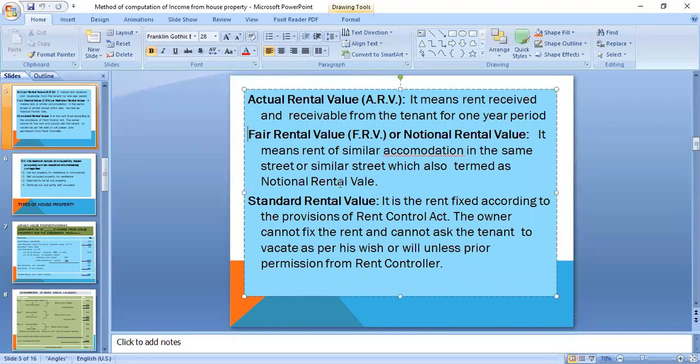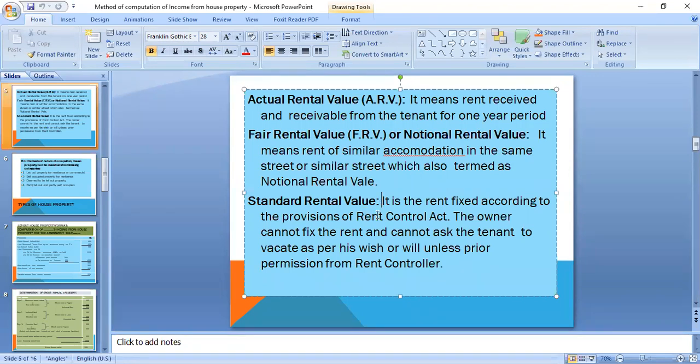Then we have standard rental value. Generally, certain areas come under the Rent Control Act. According to the Rent Control Act, the rent is fixed by the government agencies or by the rent controller. So the owner cannot fix the rent and cannot ask the tenant to vacate as per his wish unless he takes permission from the rent controller.